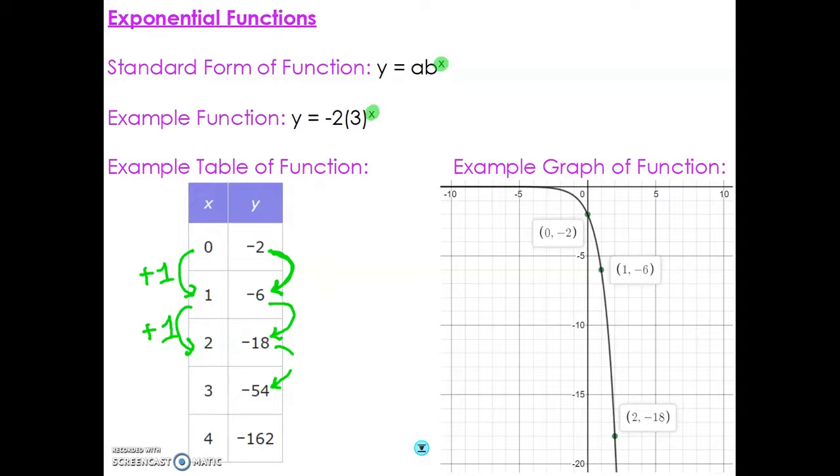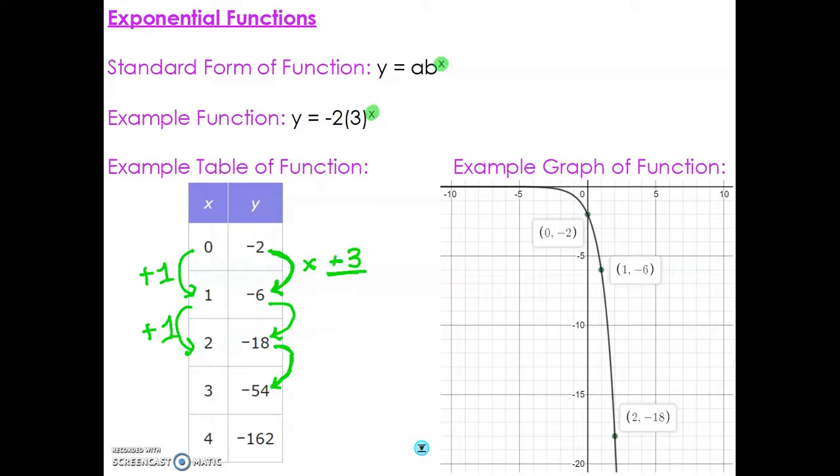So I'm going to think about not addition or subtraction, but multiplication. I'm going to think about multiplication here. Okay, let's go for it. -2, what can I multiply to get -6? Well, that's easy, 3.